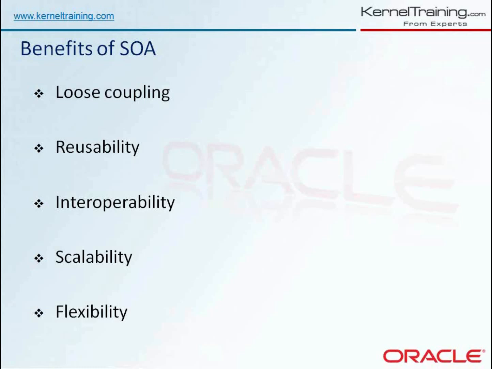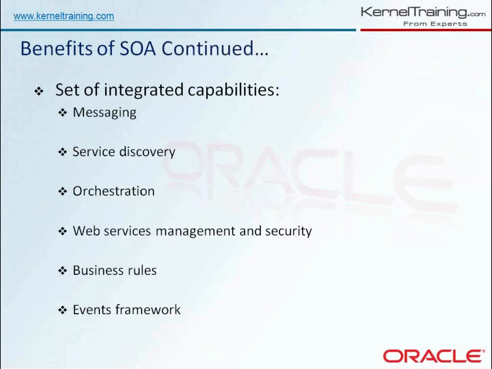Apart from this, it has some integration capabilities that it uses in the backend. Basically, it is using messaging. Messaging means you have any kind of message: a text message, an XML message, a binary message, anything.